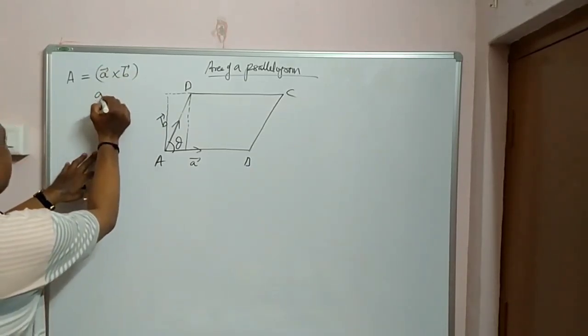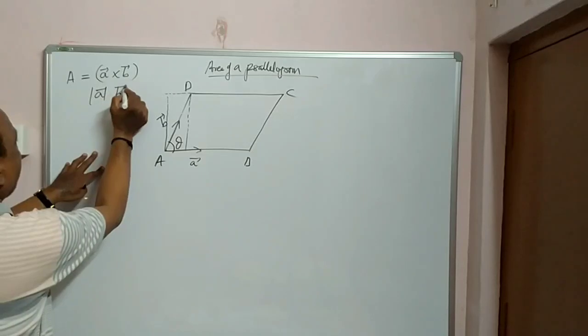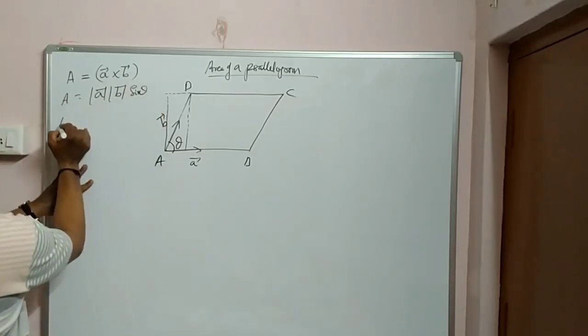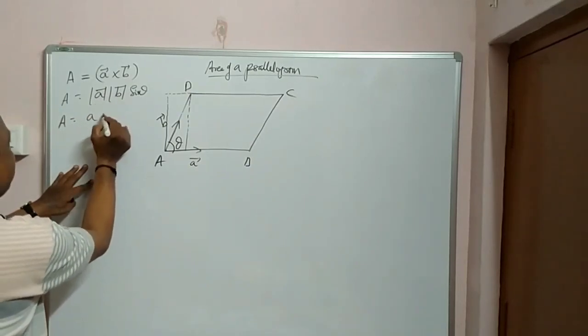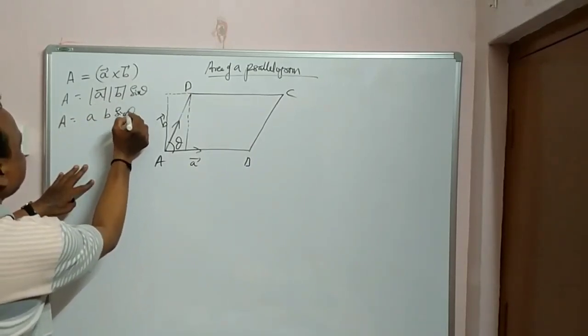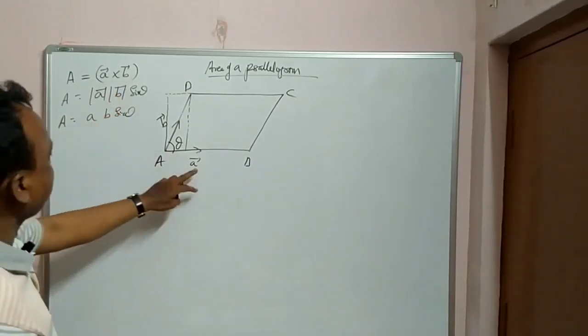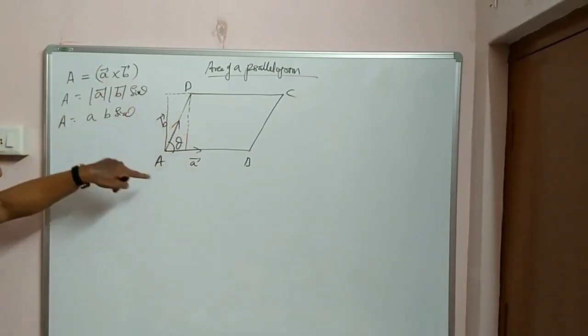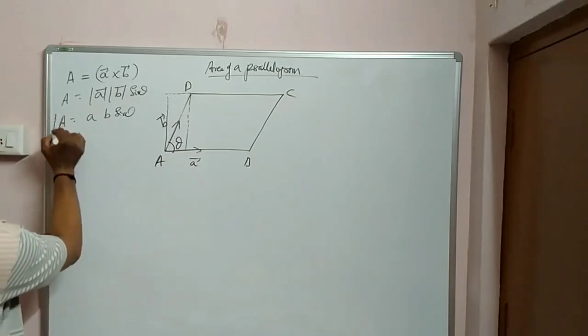Mod A, mod B into sin theta, that is, area is equal to mod A, mod B sin theta. That means it is nothing but A cross B.